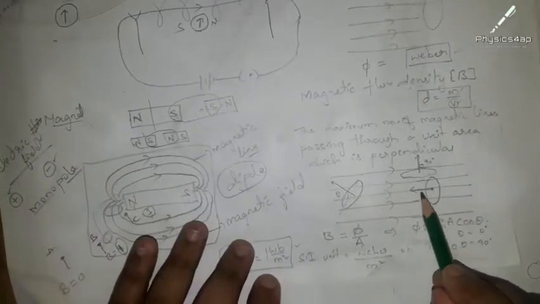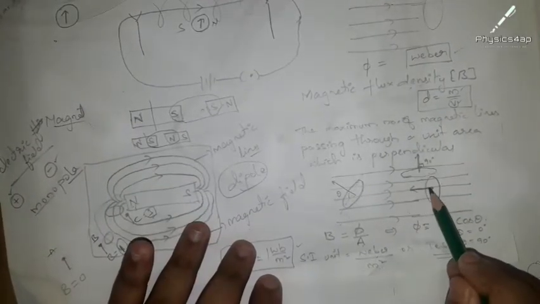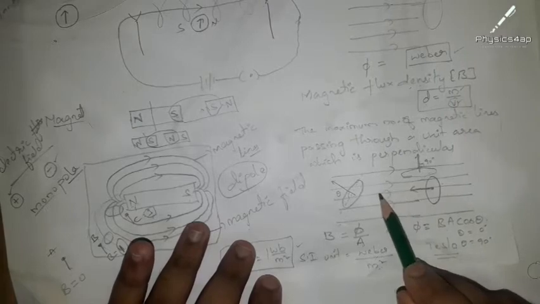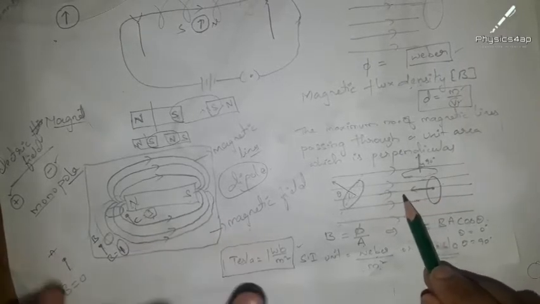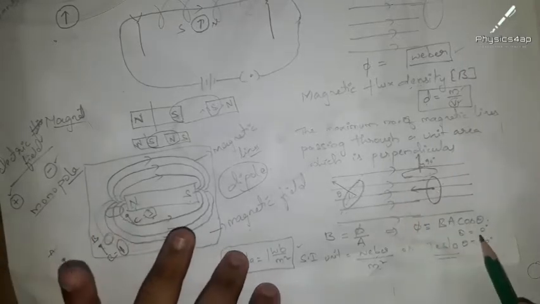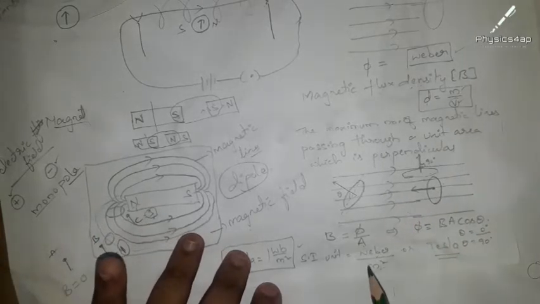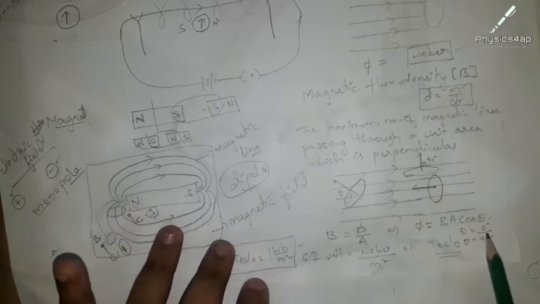Now if the angle is 0 degrees, 0 degrees is this one. So this is the normal, and the magnetic flux and the normal of this area are in the same line. If it is the same line, then the angle will be 0 or 180 degrees. So we take it as 0.